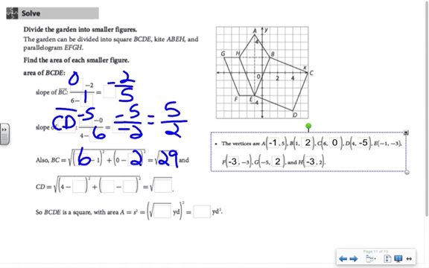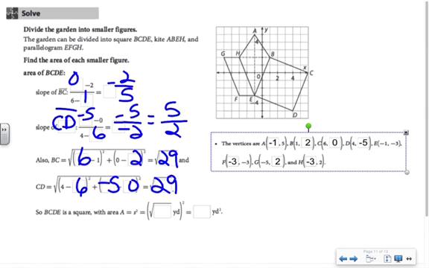And then they found the length of CD as 4 minus 6 squared plus negative 5 minus 0. And 4 minus 6 is negative 2. Negative 2 squared is 4. Second parenthesis, I've got negative 5 squared is positive 25. So once again, I have that square root of 29.